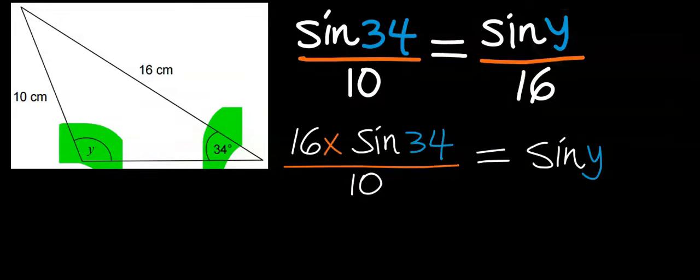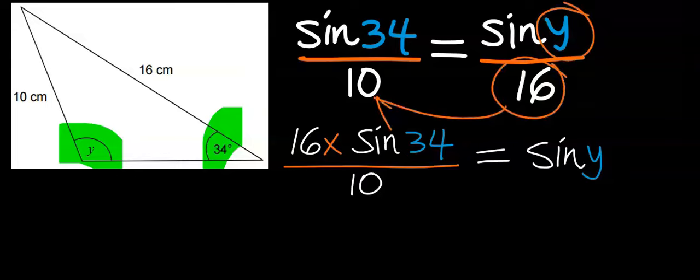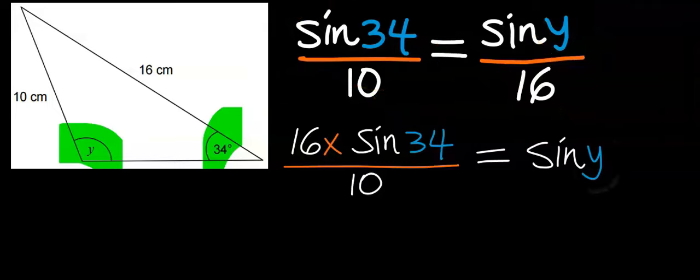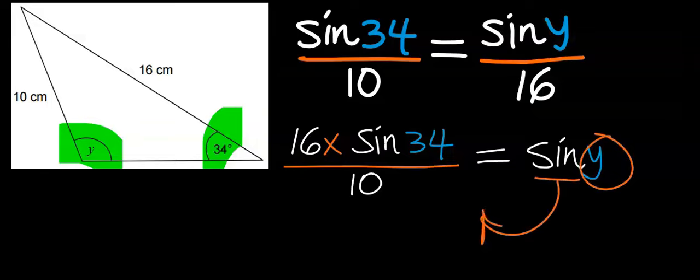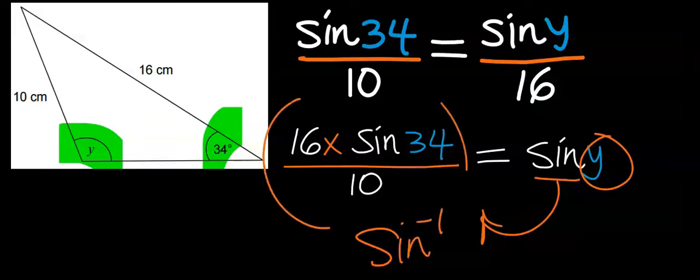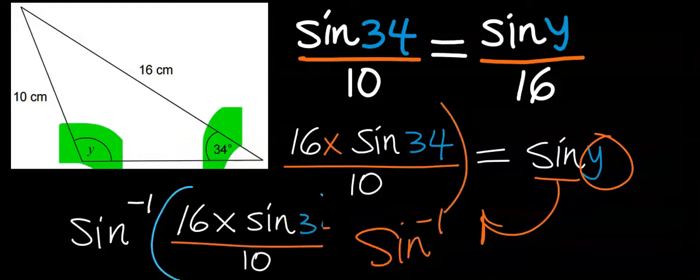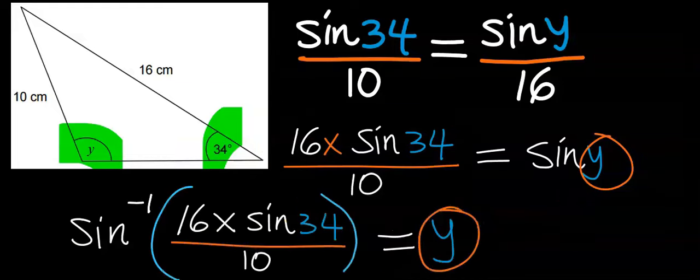To isolate y, 16 will move to multiply everything here. The next step is the sine will move to become sine inverse of everything here. Y is now isolated. Next, we're going to simplify this.